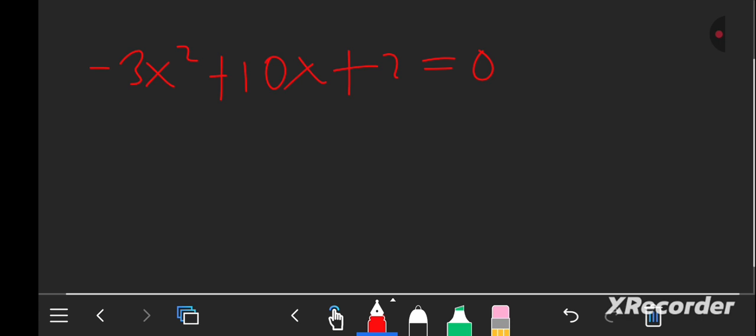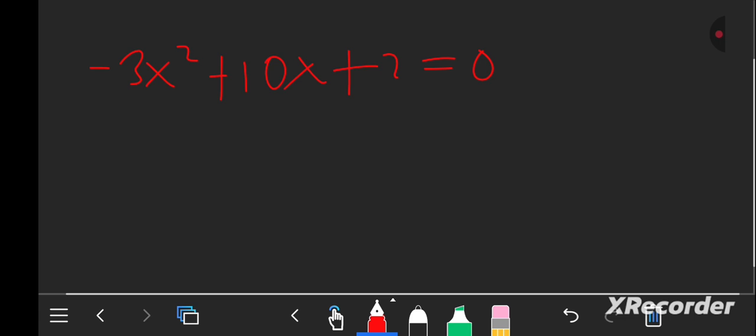What we have, the product is equal to negative 6, the sum is equal to 10. You look for two numbers that, when you multiply them, give you negative 6, and when you add them, give you positive 10. You can use either method. We can use completing the square, but in this case factorization can't work.